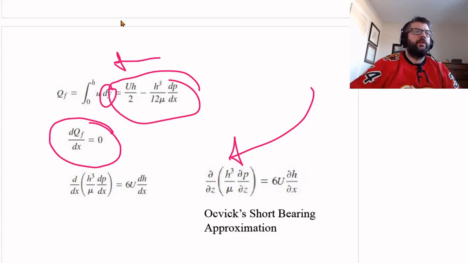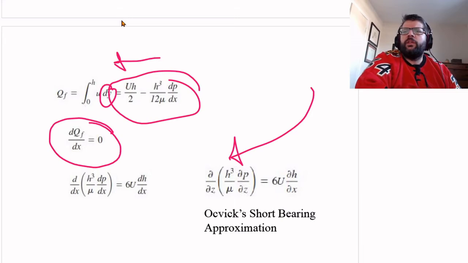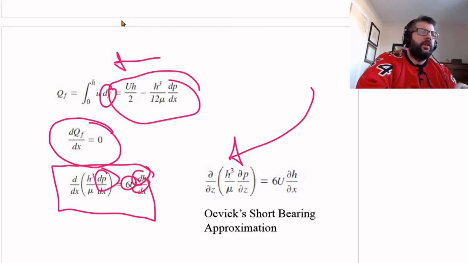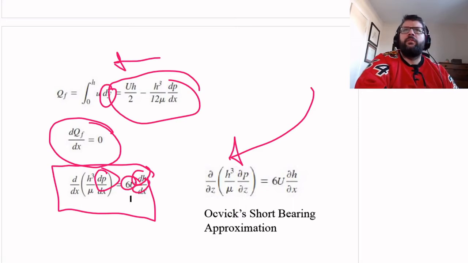So there's basically no leakage in the axial directions. So from there, we can solve for what the pressure is going to be doing in terms of the velocity, the gap, and so on and so forth, all at the various points.